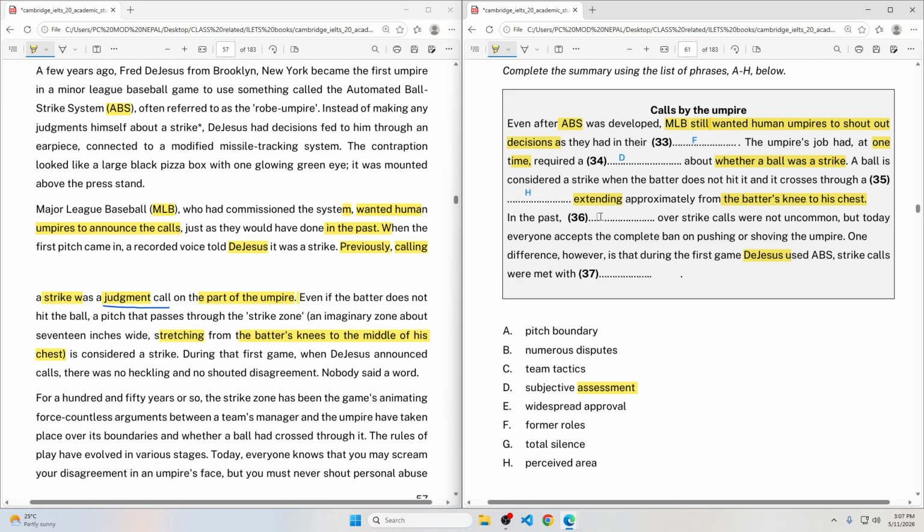In the past, blank over strike calls were not uncommon, but today. So in this sentence, they are comparing past and present. Complete ban on punishing or subbing the umpire, right? So they are comparing past and present with bad treatment towards umpire.